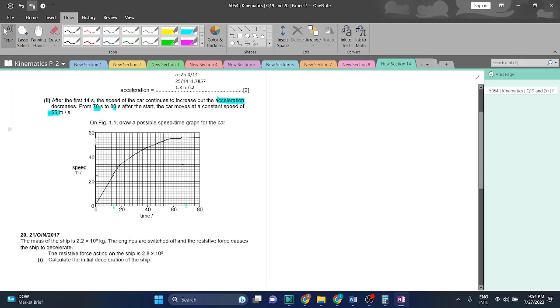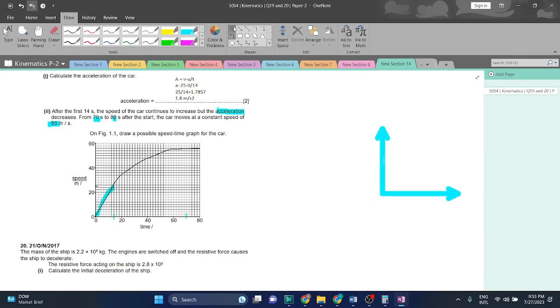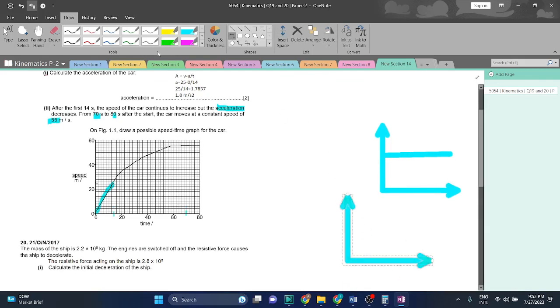आगे अब मैं आपको एक दफा ग्राफ समझा देता हूँ. I think I made a very poor choice of not making it earlier. पहले तो first 14 seconds में the car will have a constant acceleration. So if the acceleration is constant, then the speed-time graph will look something like this.